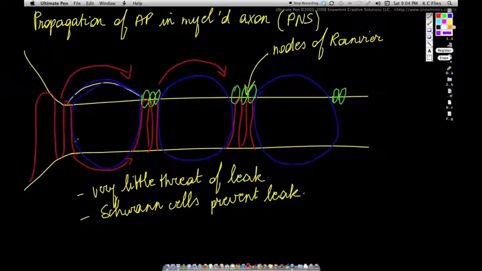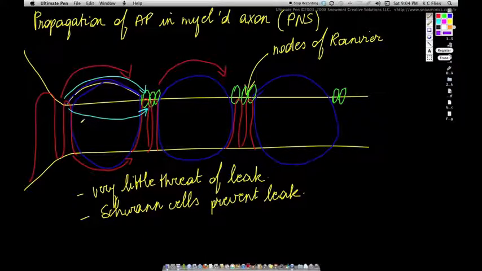The Schwann cells insulate the axon there, and somehow what happens is that the local current is going to carry the depolarization wave that's started by the action potential on the inside of our axon and on the outside of the Schwann cell.